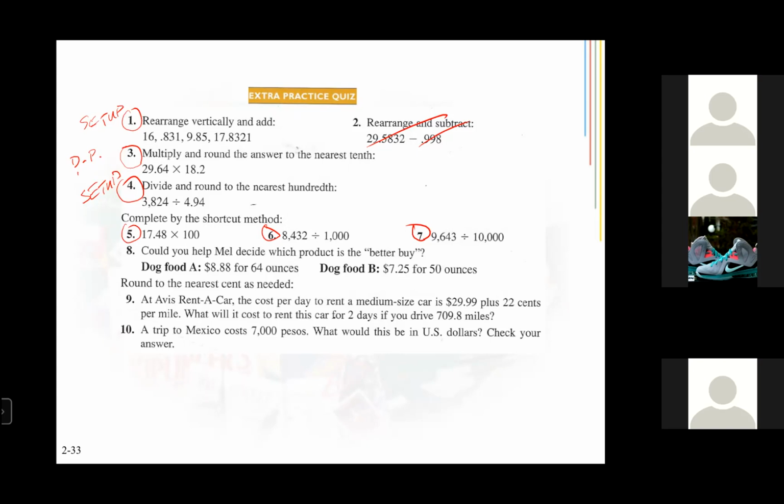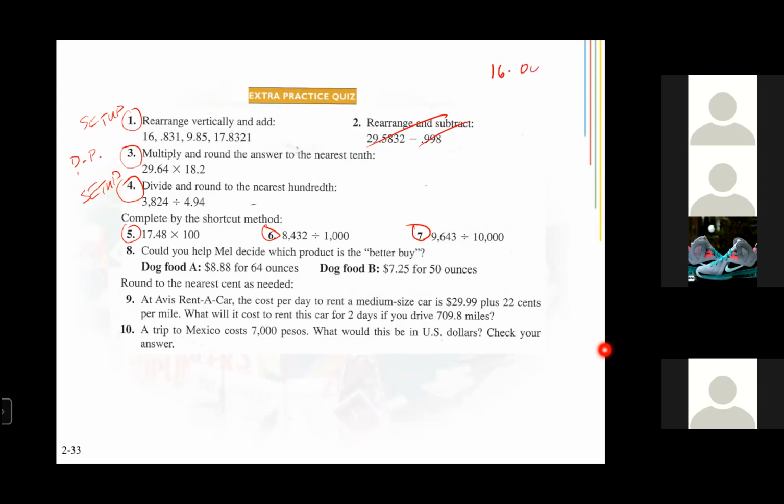All right, so let's look at the first question. How are you going to set up that first one? Let me hear what you have to say. 16.10,000. 16 point, what? 1, 2, 3, 4 zeros.